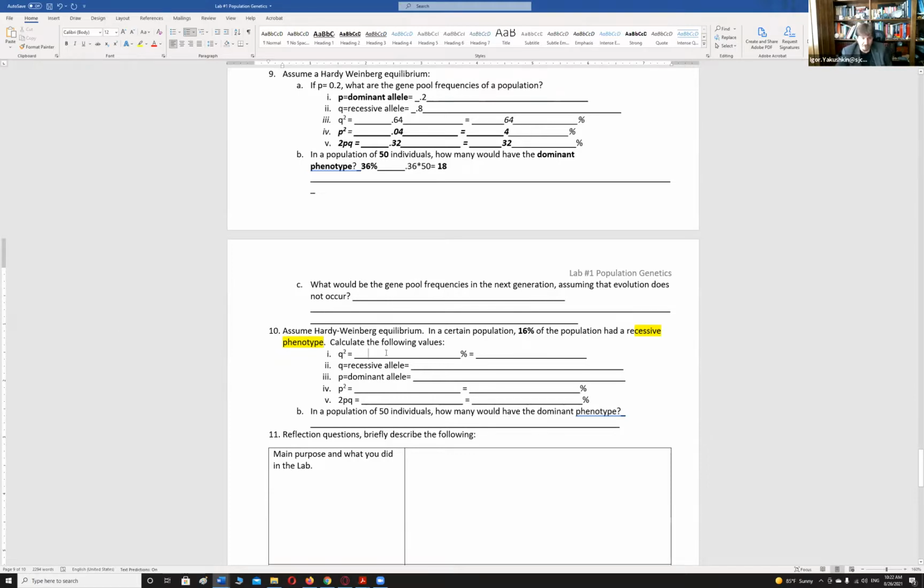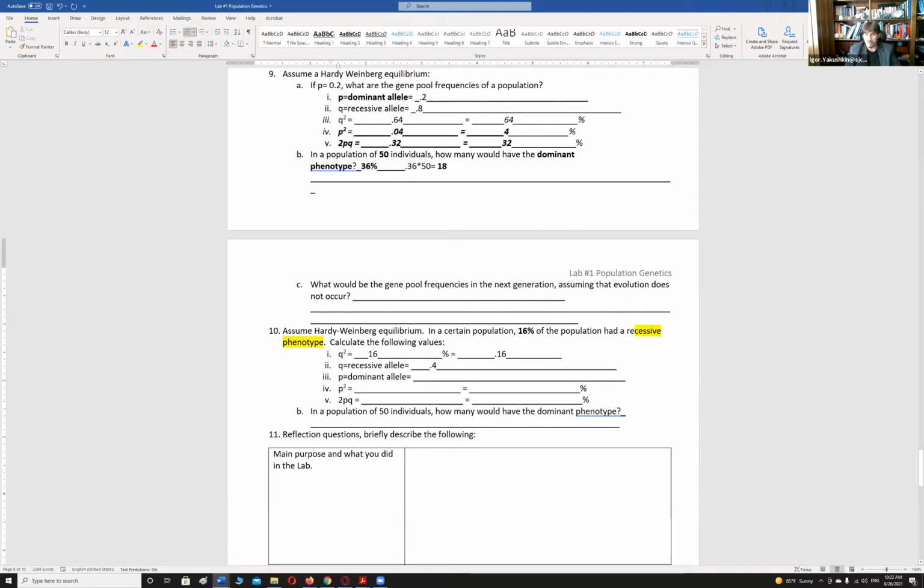So if our q squared is 16%, we can also eliminate the percentage and say that it's 0.16. Everybody see how I got that from the problem? If I square root the 0.16, my q would be equal to 0.4.